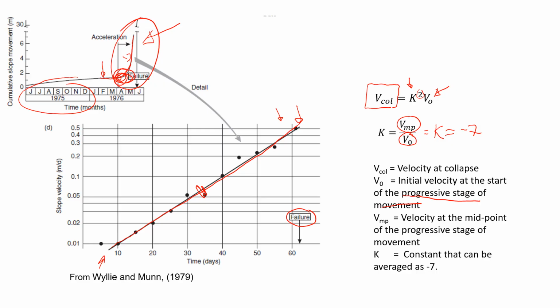That's how it works. Once we know the velocity at collapse, we can just find it here on the left-hand side of the plot, and then see how many days it will take to reach that velocity. So now let's look at the example on the next slide.